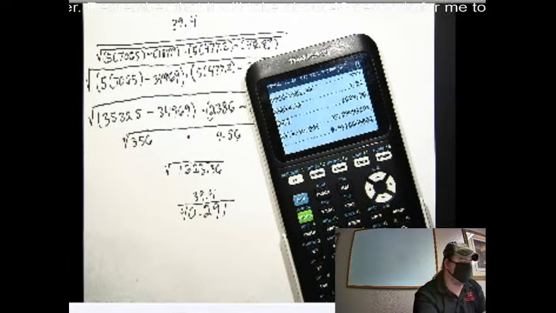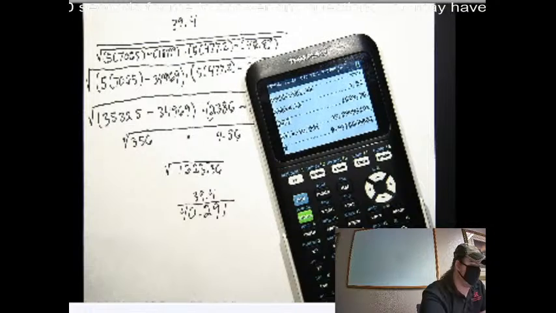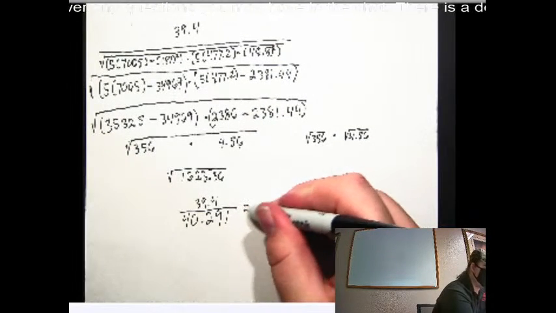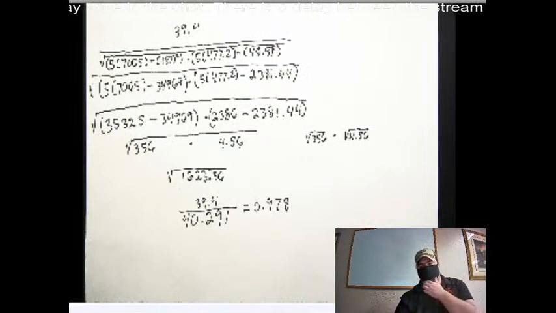We want to round that though, and I'll round it to 3 decimal places since I rounded this to 3 decimal places. So 0.978. And there's our correlation coefficient.